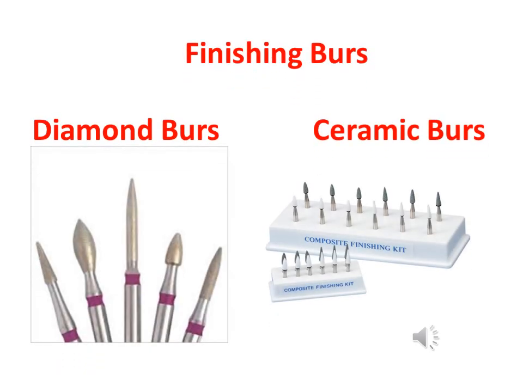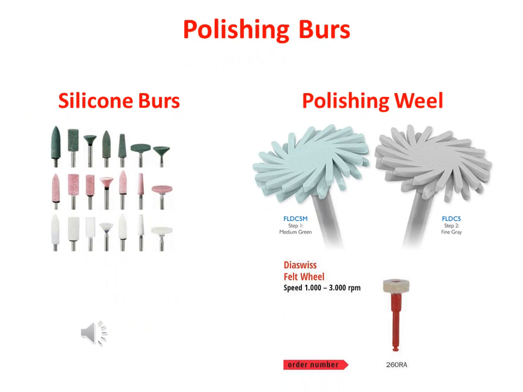Finishing burrs. As you see in this picture, different types of finishing burrs are used for finishing and polishing of composite restorations: diamond, ceramic burrs, etc. Polishing burrs are used in polishing of composite restoration, as you see in this picture: silicone burrs, polishing wheels.